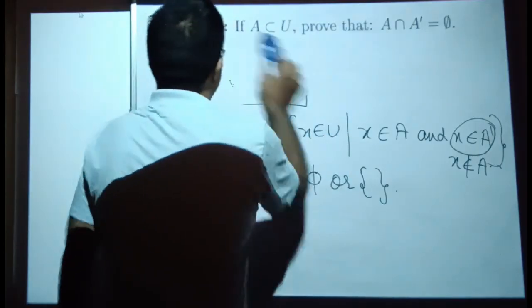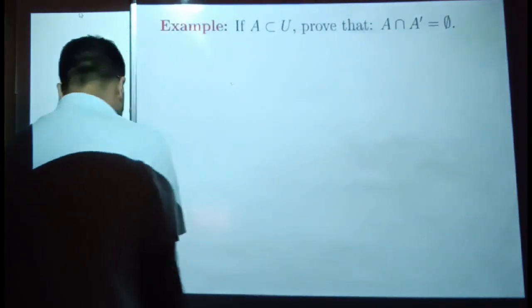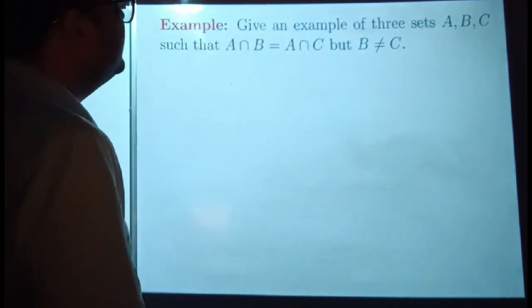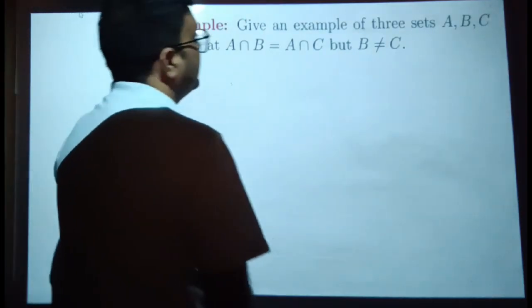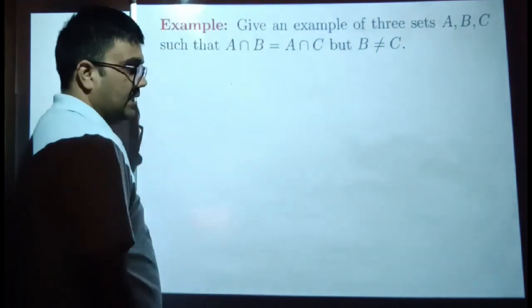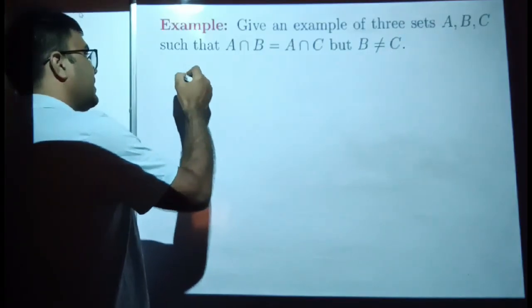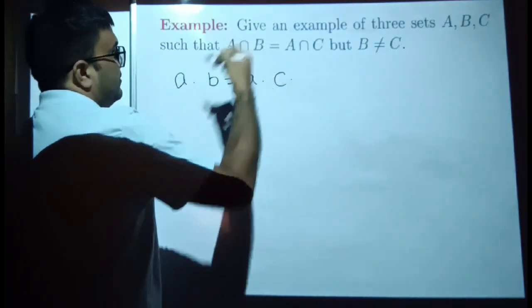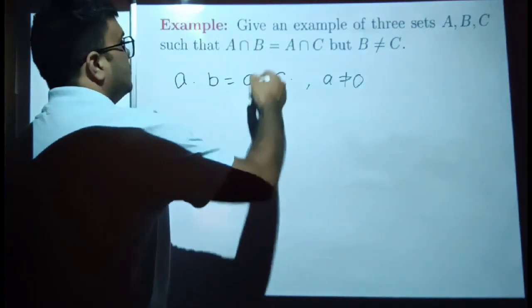Next example. Give an example of 3 sets A, B, C such that A intersection B is equal to A intersection C, but B is not equal to C. This is just like the cancellation law. We are talking for the numbers. Suppose I am saying A into B is equal to A into C. If we are saying A is not equal to 0, what can we do?